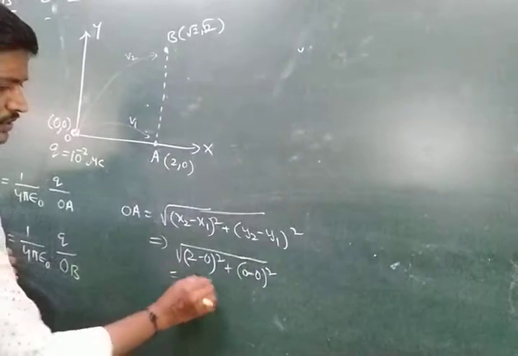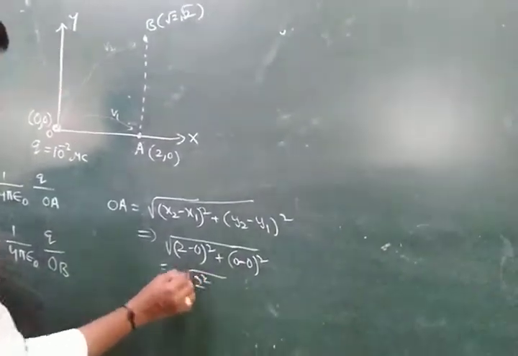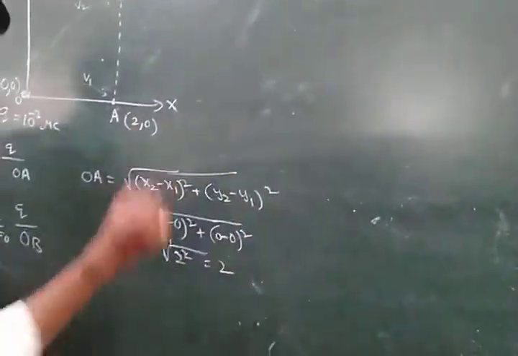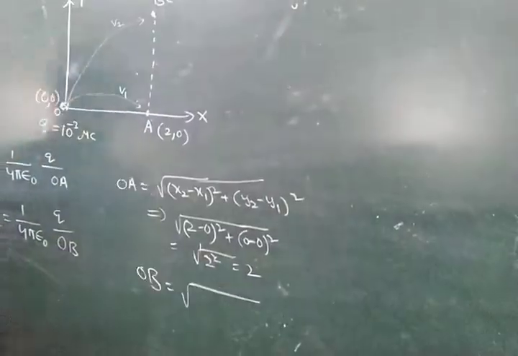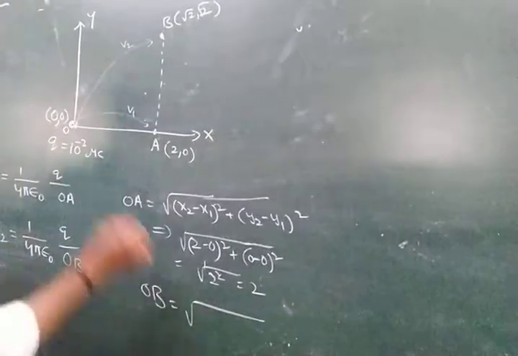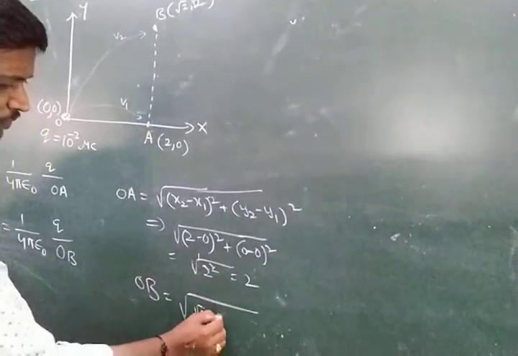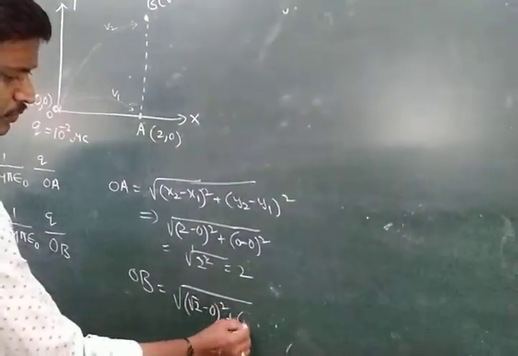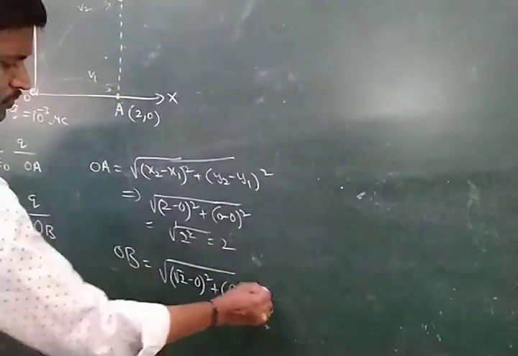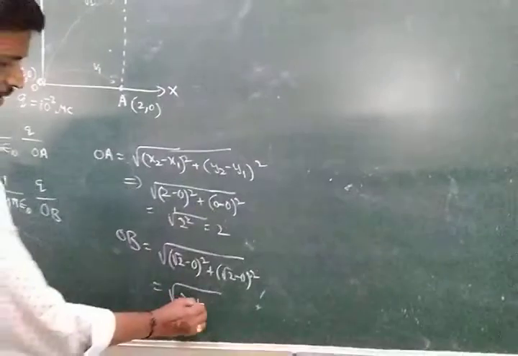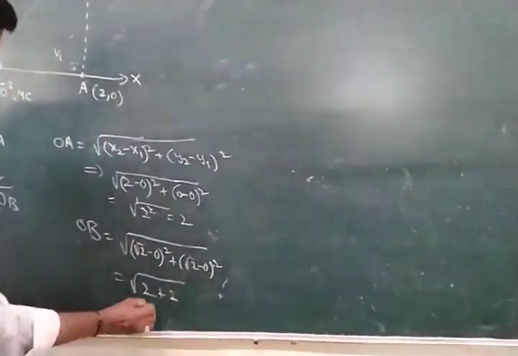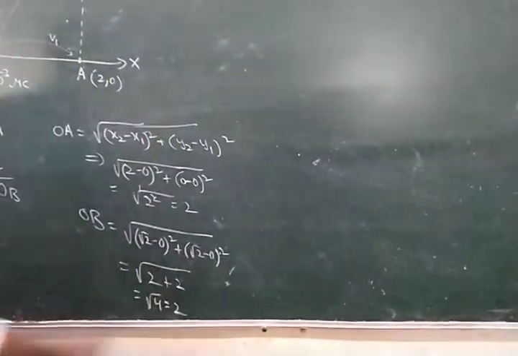Therefore 2, the square root gets cancelled. Then OB we can also measure. That is x2 minus x1, root 2 minus 0 whole square plus root 2 minus 0 whole square. Same formula. So 2 plus 2, that is equal to square root of 4, that is equal to 2.